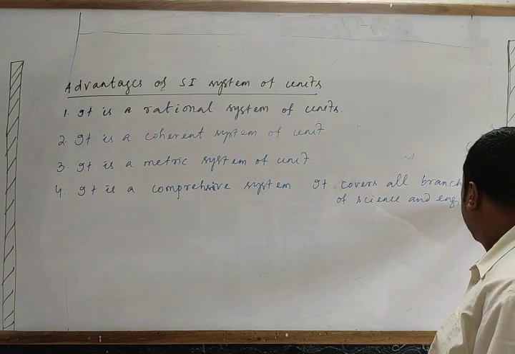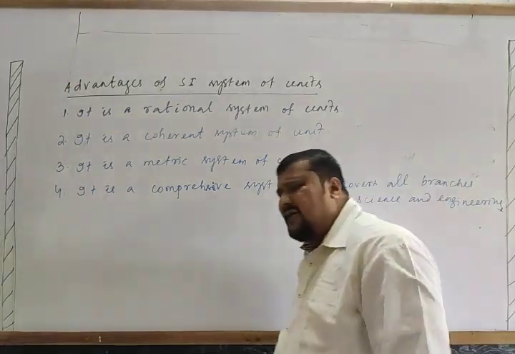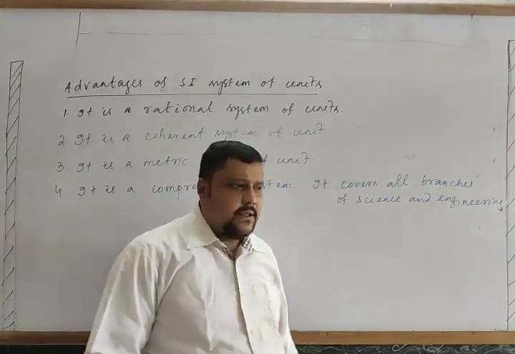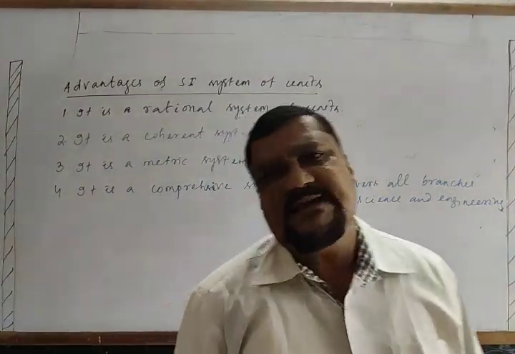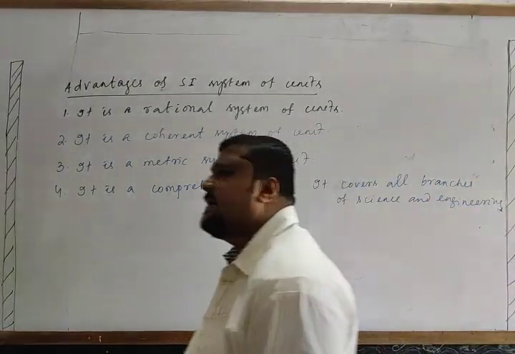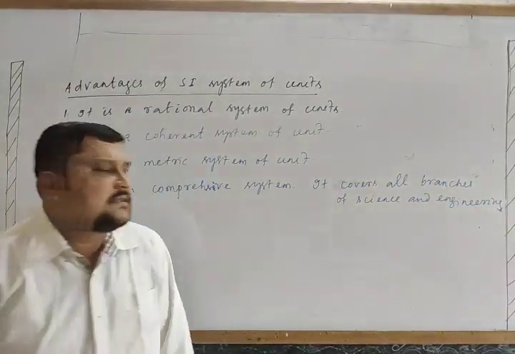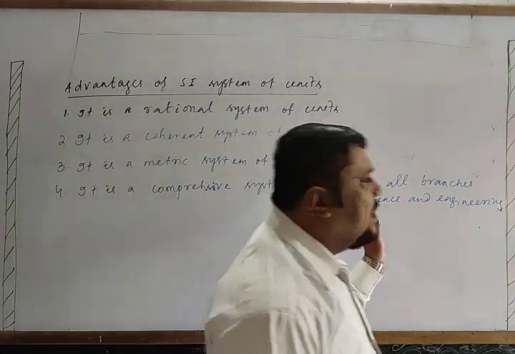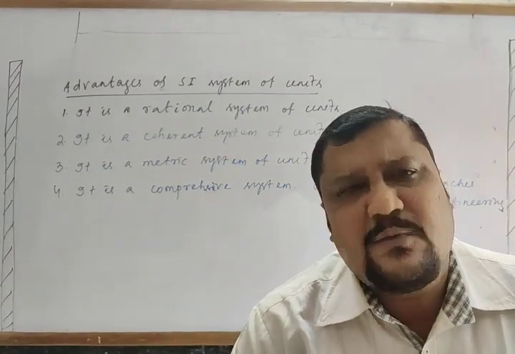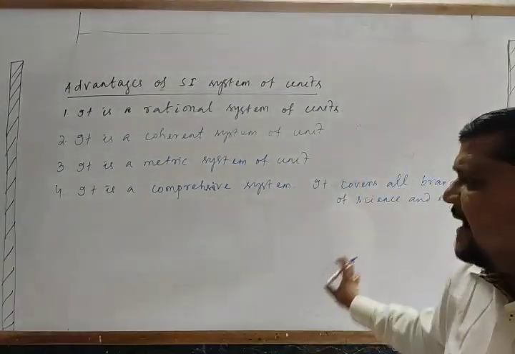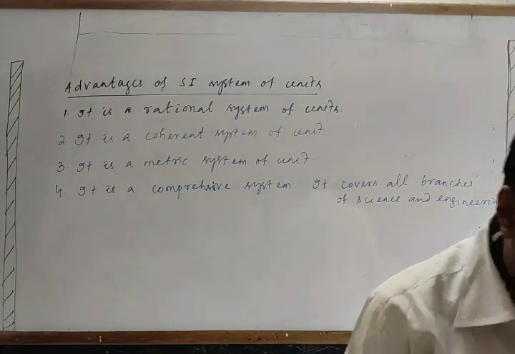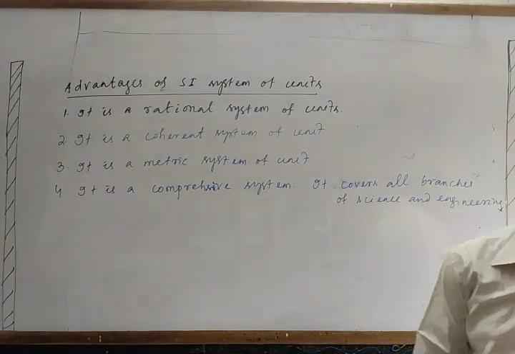Means to get the unit of any physical quantity till today, we can use the SI system. So it covers what the units are coming in science and engineering, physical quantities and their units. We can find that from your SI. So that's why it is called a comprehensive system of unit.